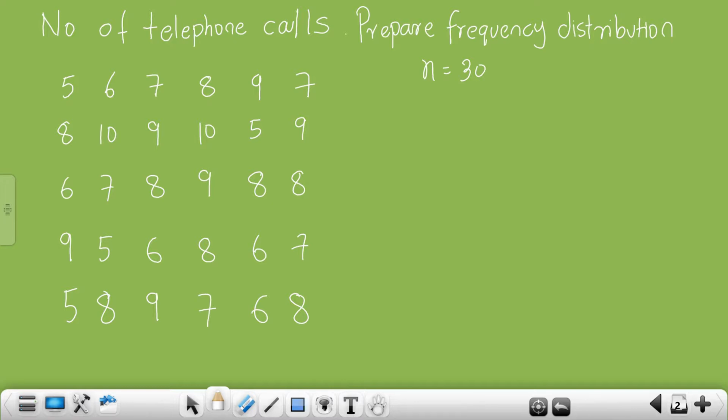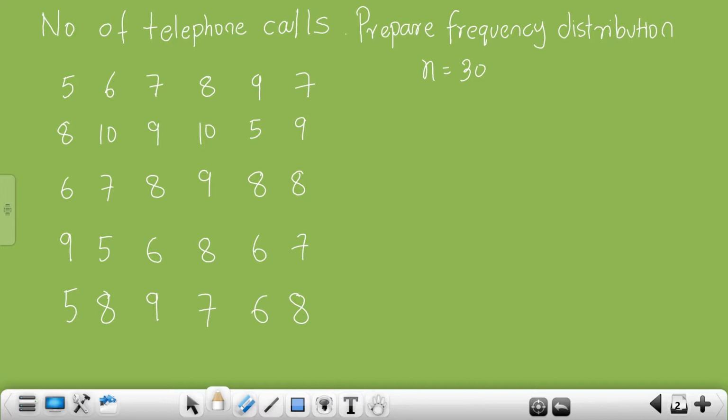While preparing a frequency distribution table, you need to keep in mind how you set up your classes. You can choose as per your preference, but in this case these classes need not be formed because we are going to form a discrete series distribution.